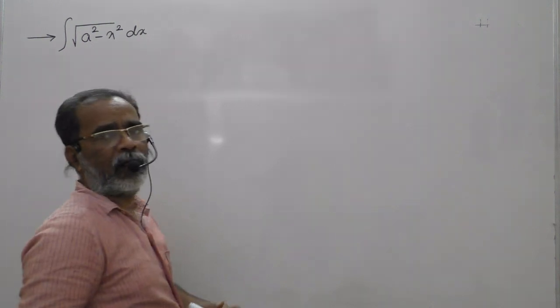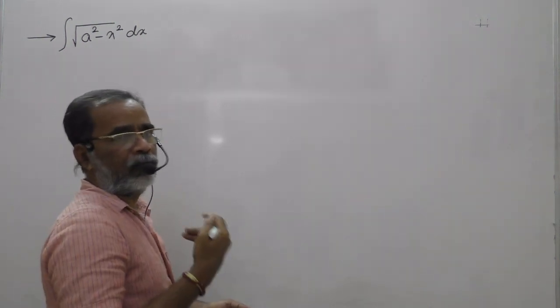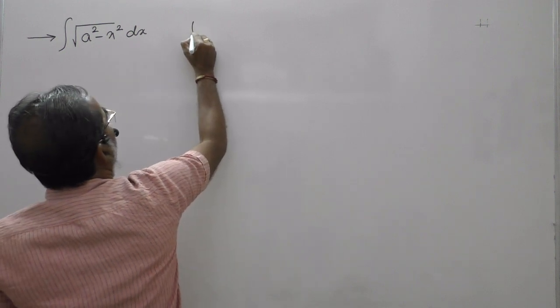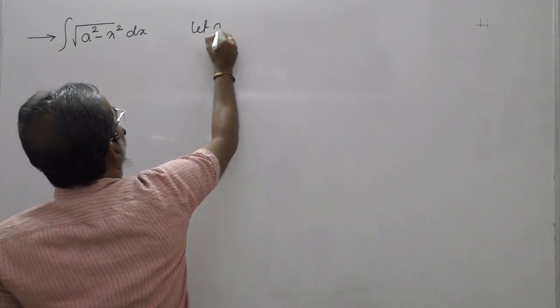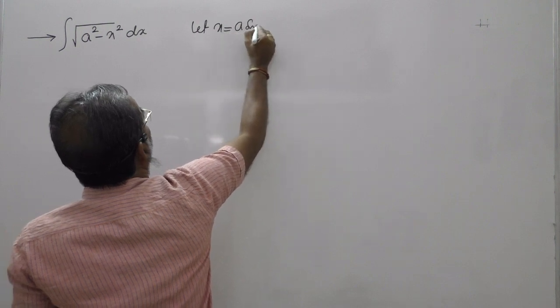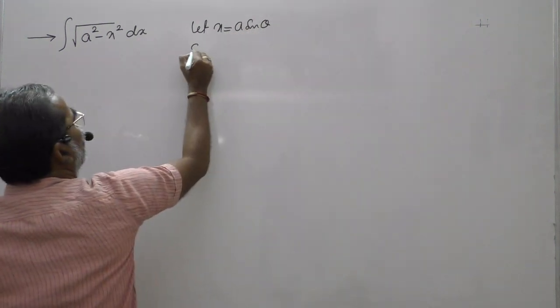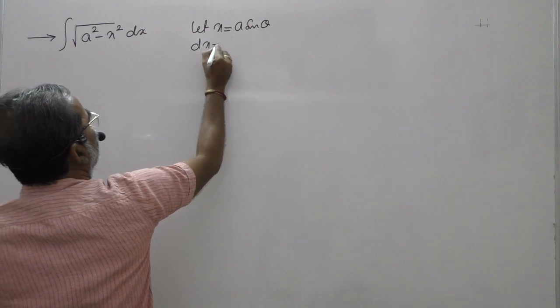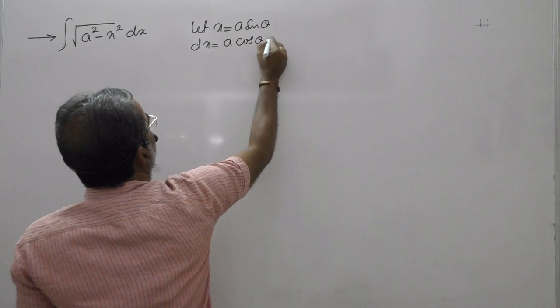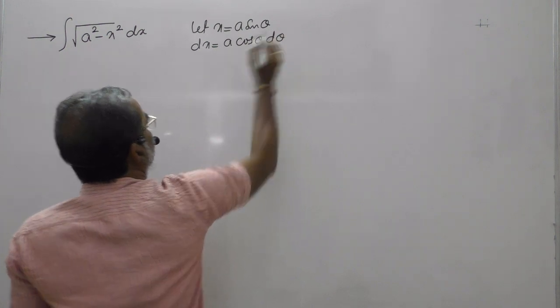In the previous 6 integrals, they were 1 by. Now again a square minus x square. My substitution is x is equal to a sin theta. Therefore, what is dx? dx is equal to a cos theta d theta.